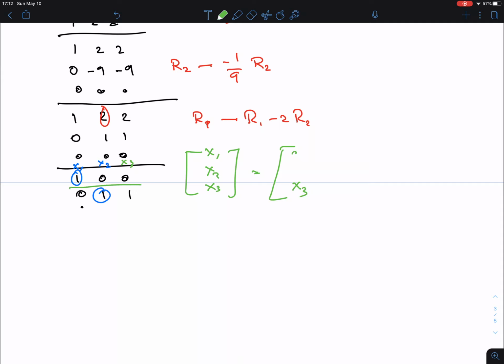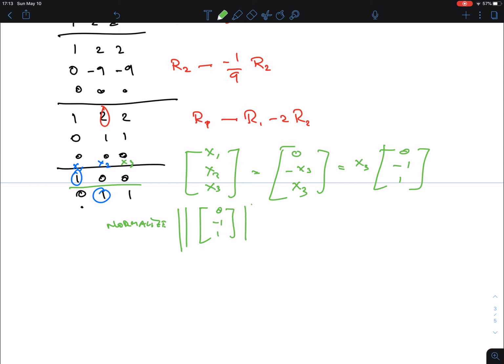From this equation, x1 is 0, and from this equation, x2 is minus x3. So we get x3 times (0, minus 1, 1). And then if we take the norm, so we normalize (0, minus 1, 1), that is square root of 0 plus 1 plus 1, so square root of 2. And so the basis that we get is (0, minus 1 over radical 2, 1 over radical 2).